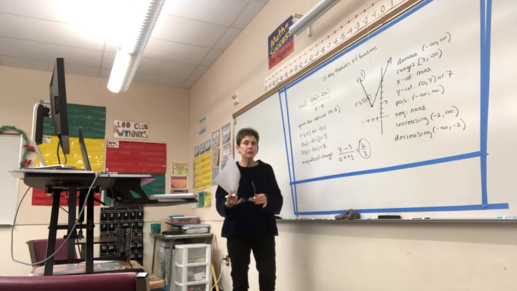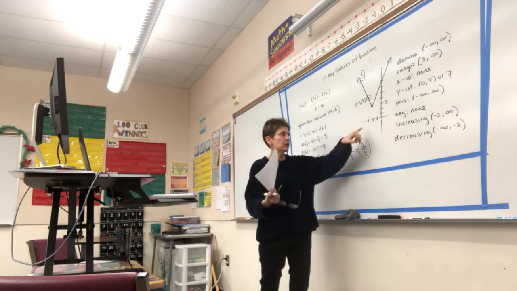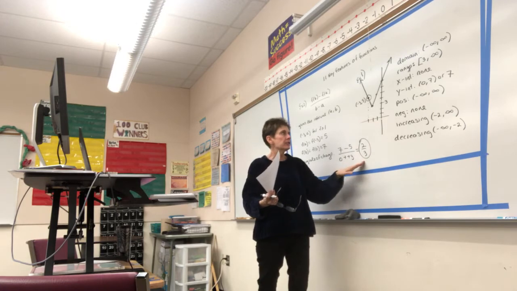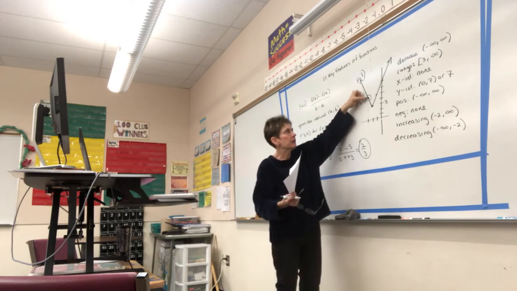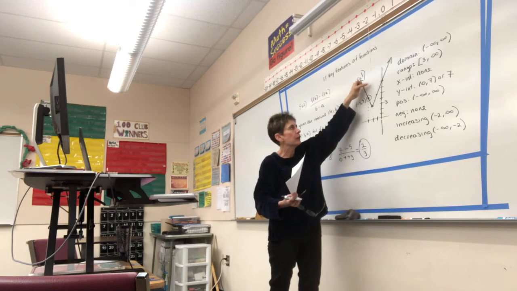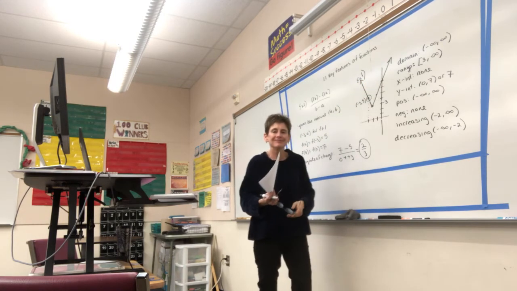So the average rate of change of this function from -3 to 0 is 2 over 3. And we can see this simply because we're going up 2 and over 1, 2, 3.